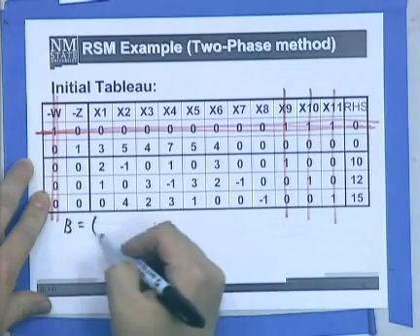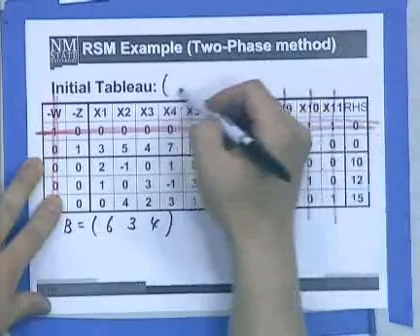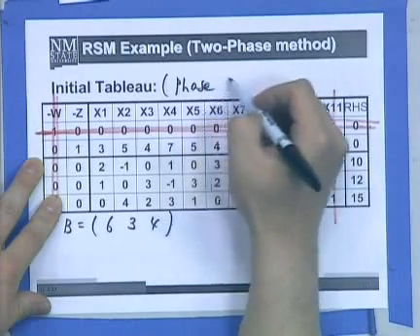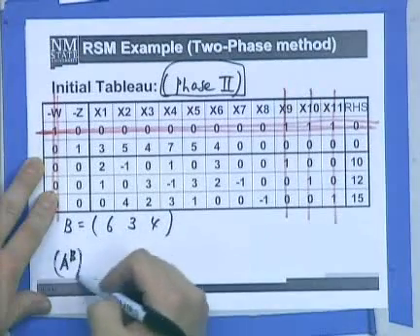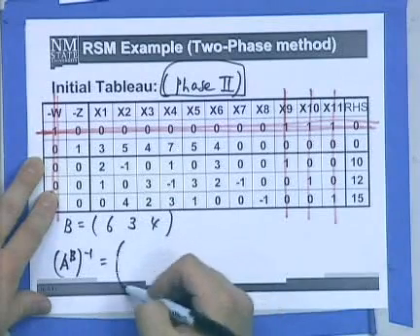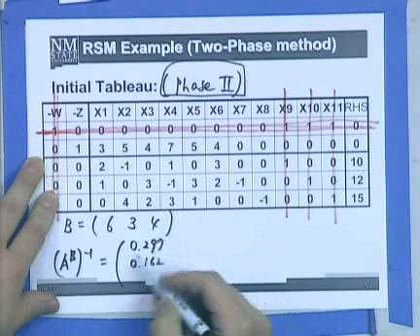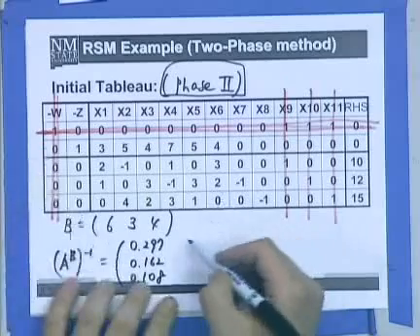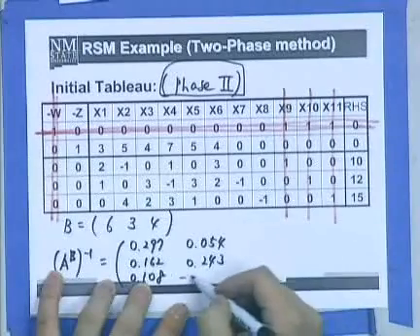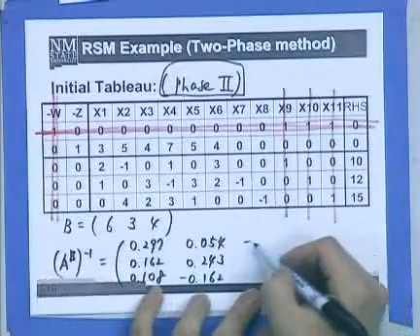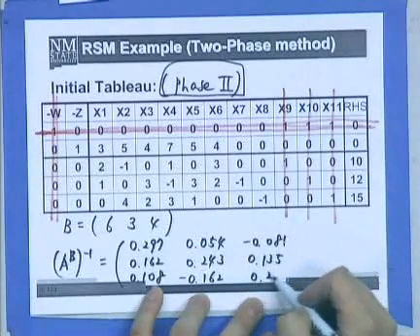The current basis set is 6, 3, 4. Let's say this is phase 2, okay? And the basis inverse matrix is, let me rewrite down here, .054, .243, negative .162, negative .081, 0.135, .243.